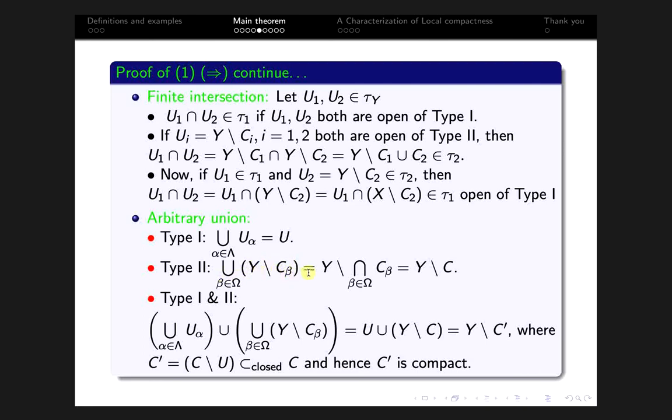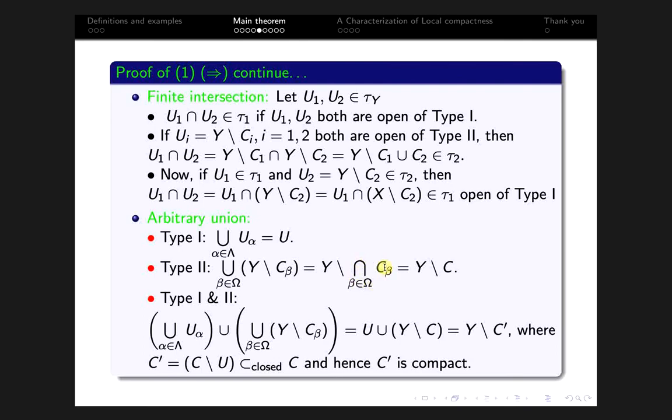Then its union is equal to Y minus the intersection of C beta, beta belongs to omega, and note that this is a compact subset of X, because C beta is compact for every beta. So C beta is closed for every beta, and an arbitrary intersection of closed sets in a topological space is again closed, and therefore this intersection is closed.